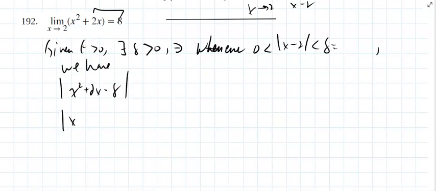And I notice that's x minus 2 times x plus 4. Now I know for a fact that this is less than delta times x plus 4. We have a problem. This is not a number. I could let delta be a number, a small number.